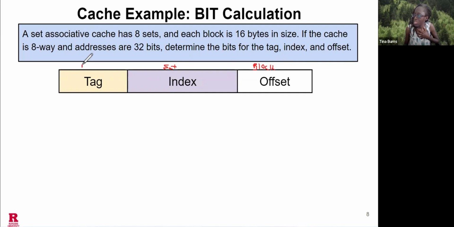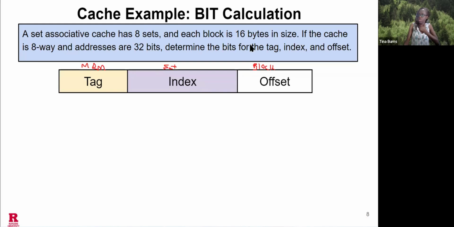And your tag is associated with your memory. So for your tag, memory; for the index, how many bits do you need to represent the number of sets; and then how many do you need to represent the number of blocks? Those are the 3 items, right?